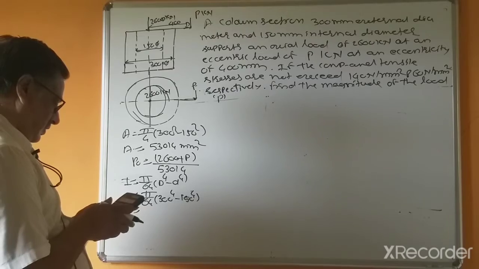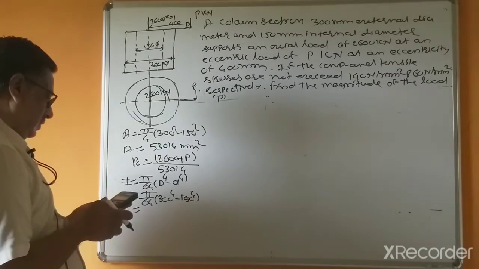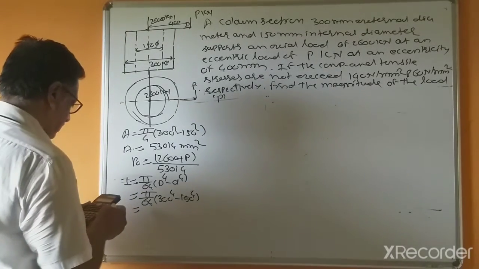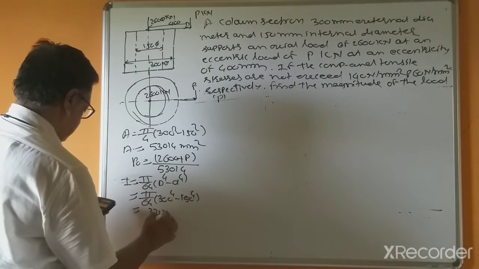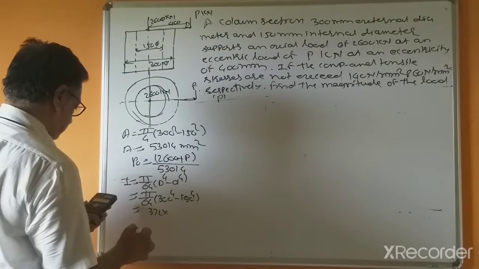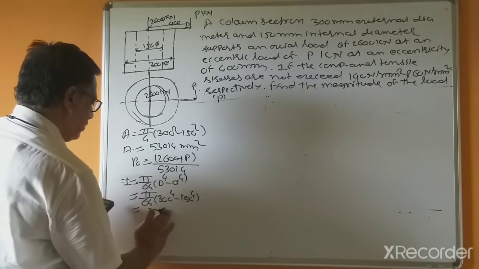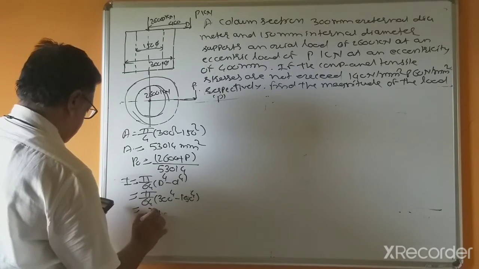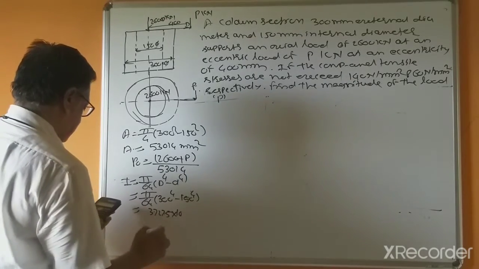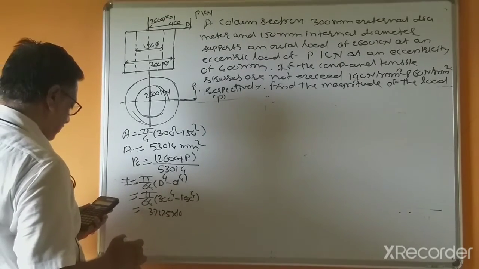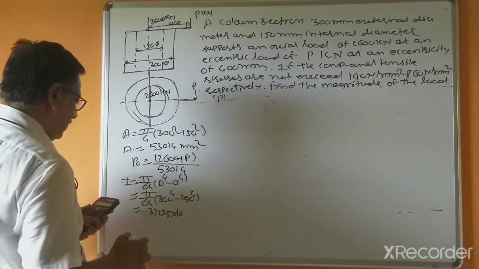Pi divided by 64, 37275, 10 to the power 8.